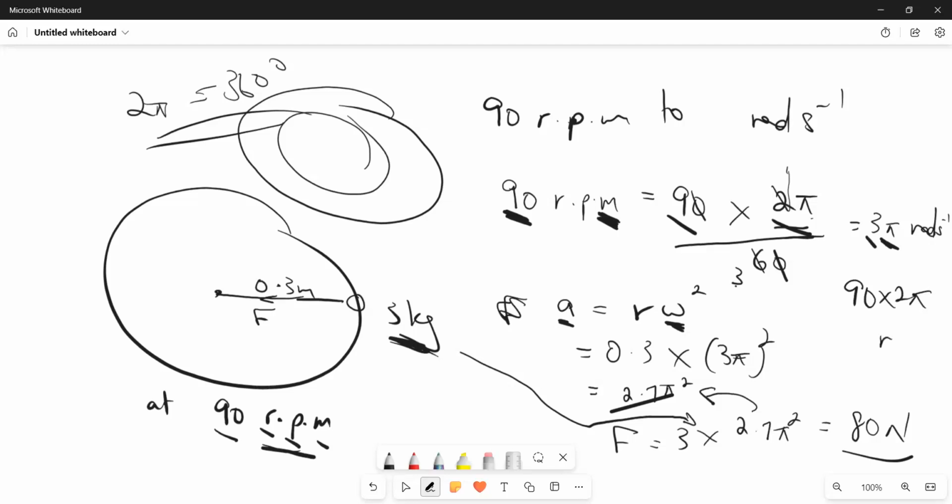That is radians per minute. But to change this now, it is 90 times 2 pi over 60 seconds, right? Which is 1 minute. 1 minute is 60 seconds, and that's why I divide by 60.